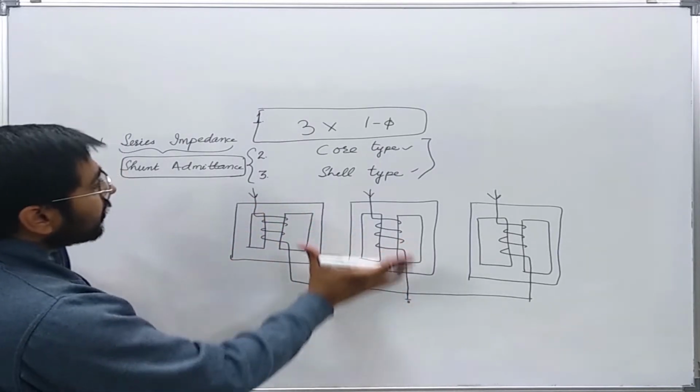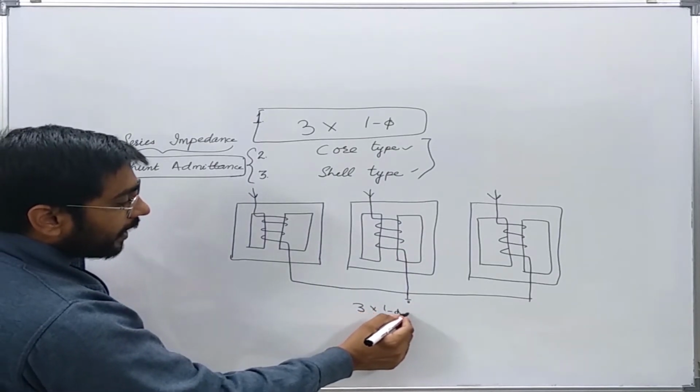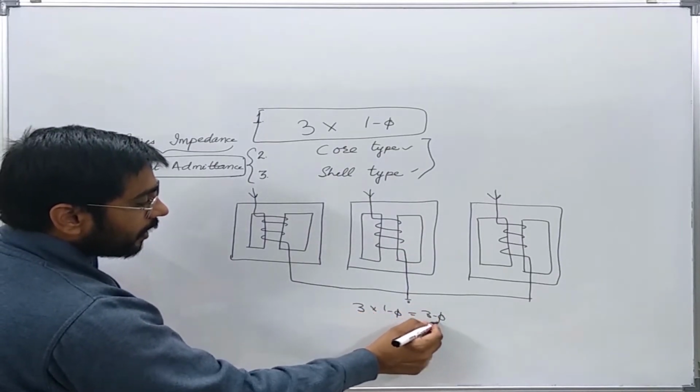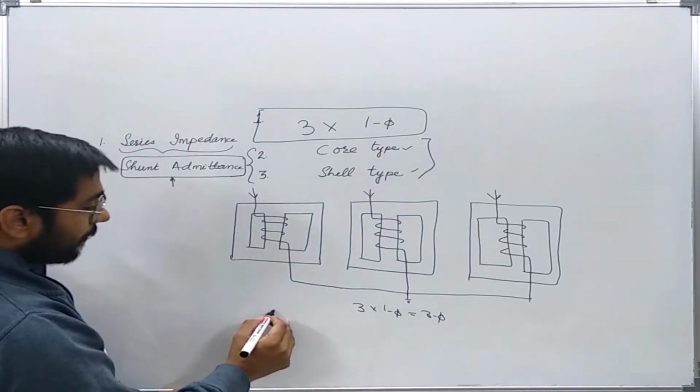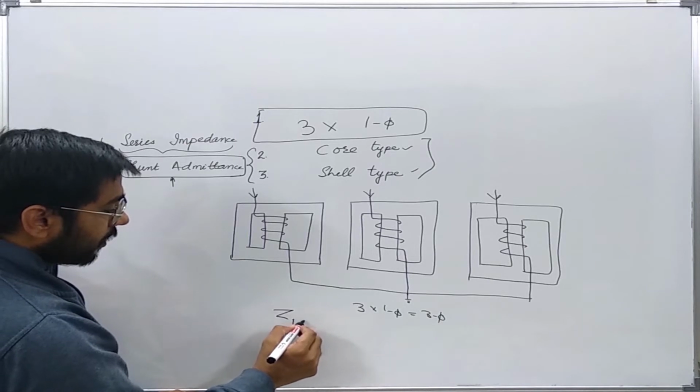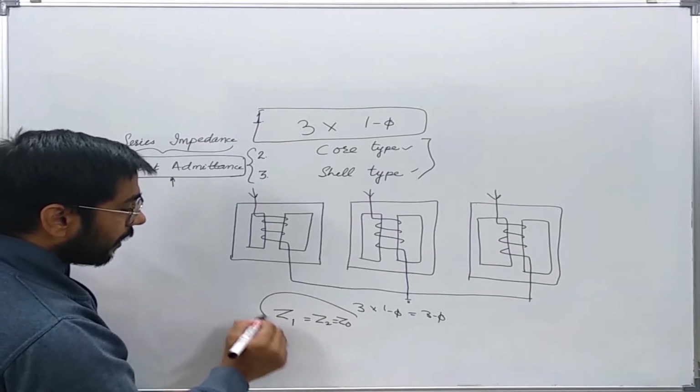So for this kind of construction, that is three single phase transformers making a three phase transformer, the shunt admittance for the positive sequence, the negative sequence and the zero sequence will be equal.